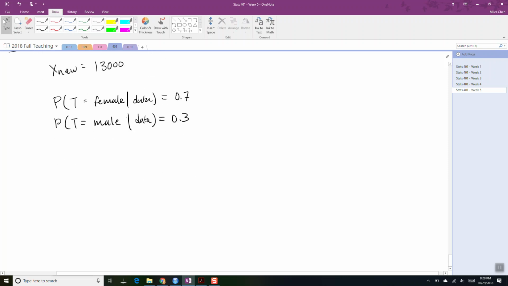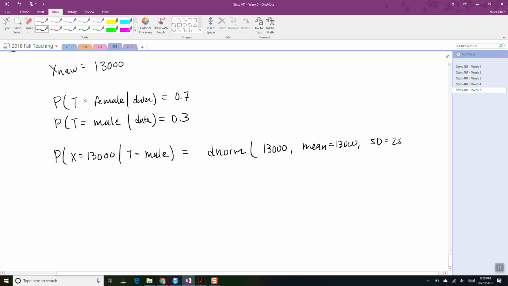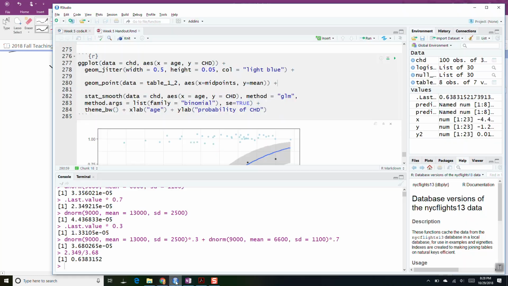But then we ask, what's the probability of getting X is 13,000 if the elephant is male? So this is going to be dnorm of 13,000 if the mean is 13,000 and the standard deviation is 2,500. That's going to be like 0.398. I don't know what it is.